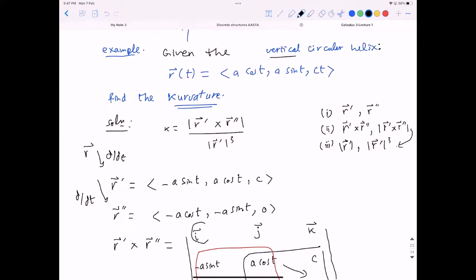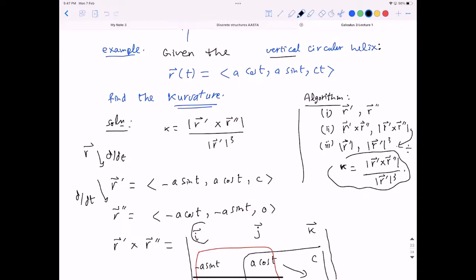And then divide this by this to get K. Curvature is this by this. Again, I write it from my mind: R prime cross R double prime divided by R prime magnitude cube. This is the formula, so this is the algorithm or the method to apply this formula.